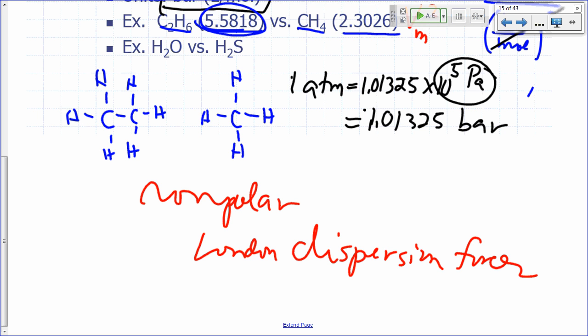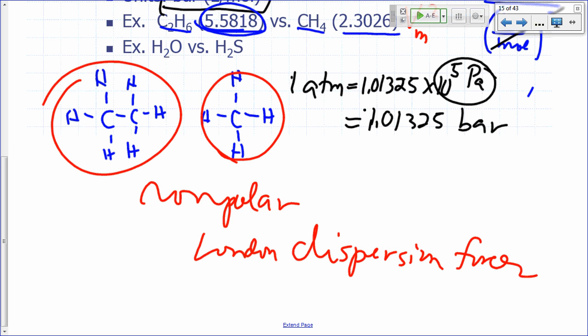Polarizability means ability to form temporary instantaneous dipoles, right? So this one would have stronger attractive forces among the molecules as opposed to these smaller molecules. So in general, the larger the molecules, the larger the B values, the larger the A values.